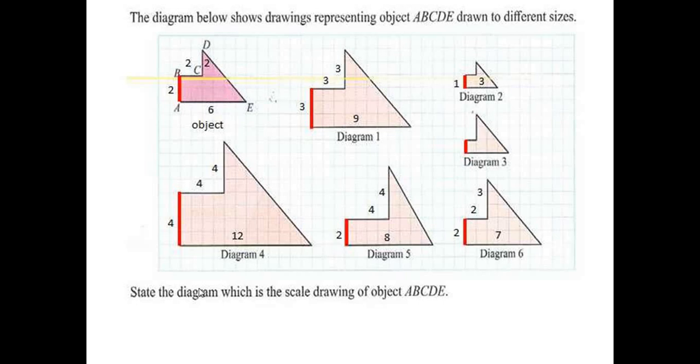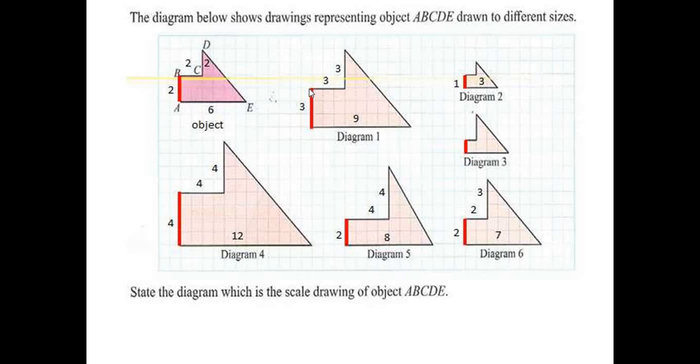State the diagram which is the scale drawing of object A, B, C, D, E. Now we have to analyze each diagram one by one. First, from the object, you can see these sides A, B, C, D are 2, 2, 2, and 6.